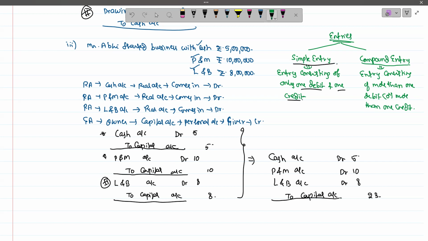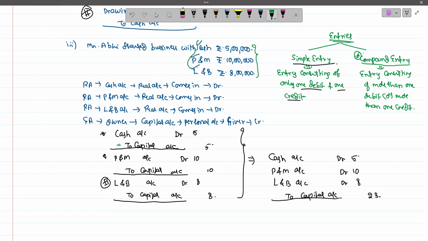Okay, so you may write a separate entry for every aspect, like cash brought by the owner into the business, plant and machinery brought by the owner into the business, and land and building brought by the owner into the business separately. Or instead of that, you may write a single entry. But remember, the compound entry is possible only if all these transactions are done on the same date, and those are relating to a single item. Nothing but here, all are relating to what?